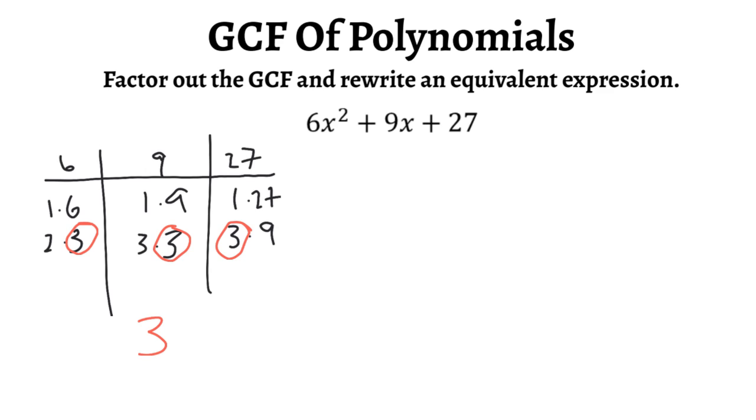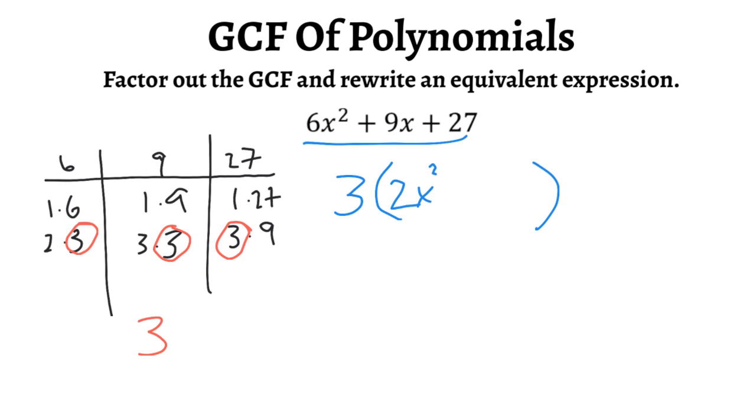I'm going to write this as 3 times something that is going to bring me back to where I started. So I'm going to factor out a 3 from every situation. I'm going to divide this by 3. If I divide 6 by 3, I'm going to get 2x squared.